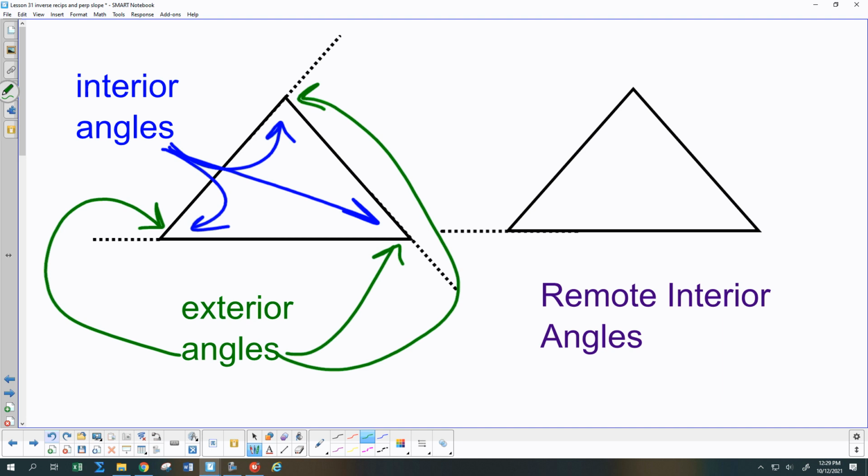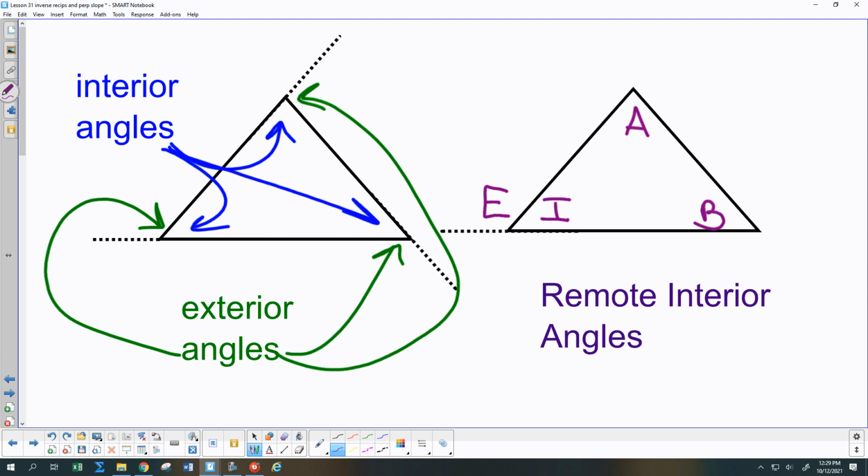Now, we're going to care about this with triangles, and there's something special that happens when we talk about a triangle and an exterior angle. So here's an exterior angle. Here's an interior angle right beside it. And then I'm going to give these other 2 interior angles names just so I can talk about them.